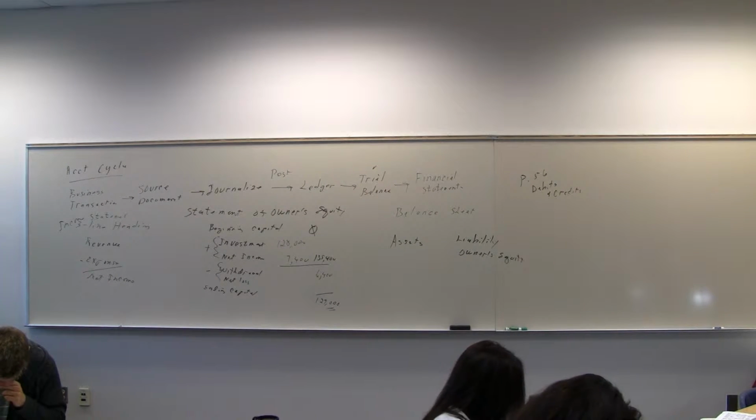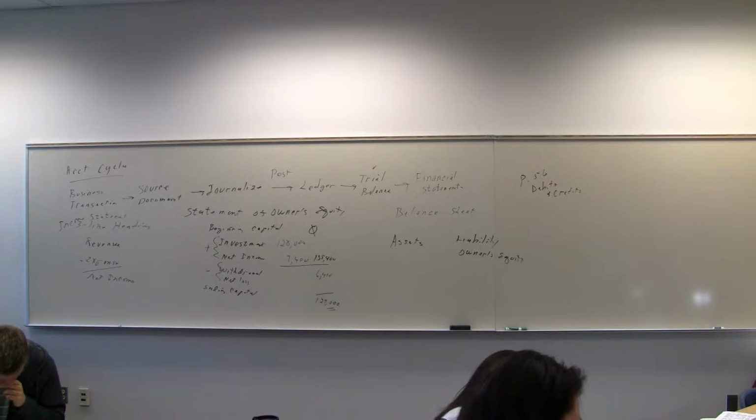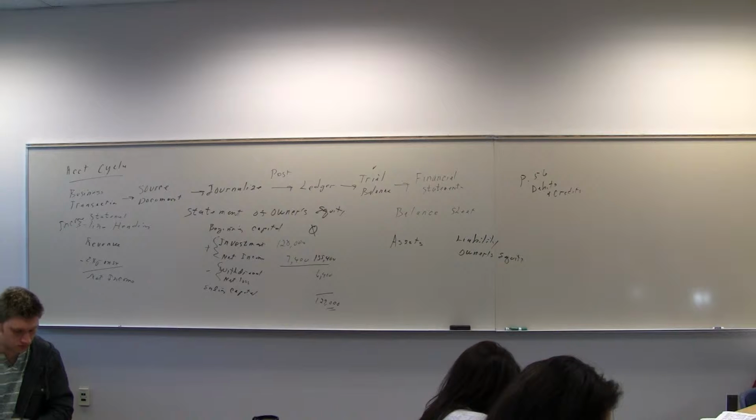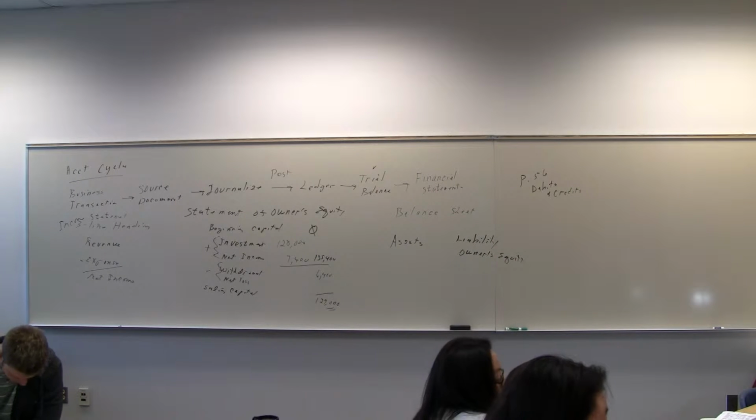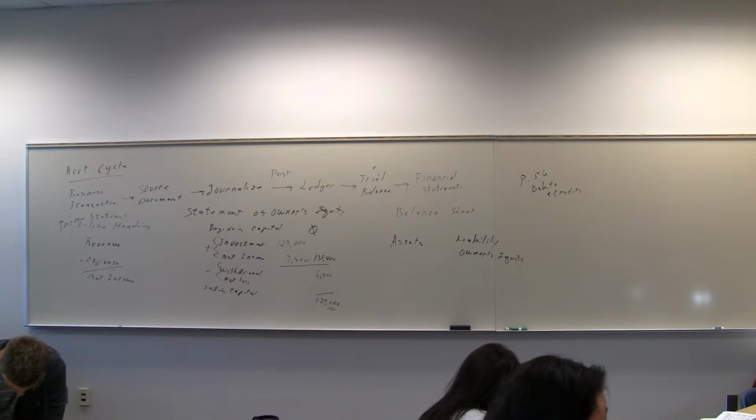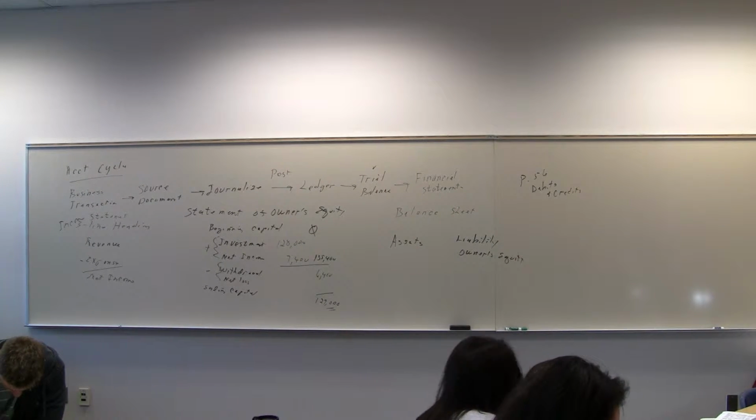What's the ratio we did in this chapter? The debt ratio. You compare assets to liabilities. So you get the total liabilities and total assets. Where do you find those? You find them on the balance sheet. The point is, any number by itself is hard to make sense of.